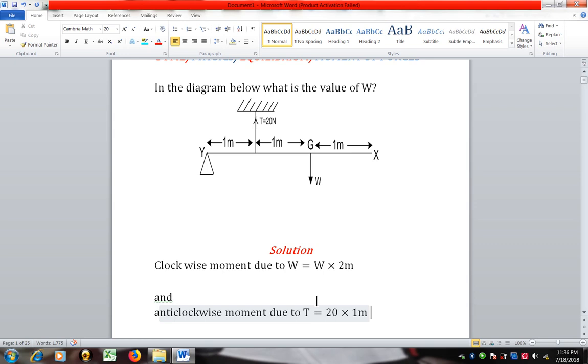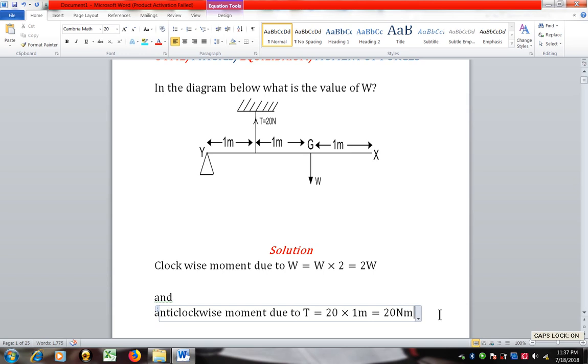So we have the clockwise moment to be W times 2, which is equal to 2W, and then we have the anti-clockwise moment to be 20 times 1, which is equal to 20 Newton meter.